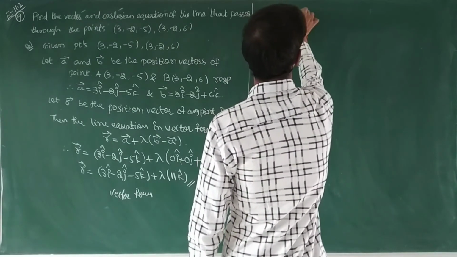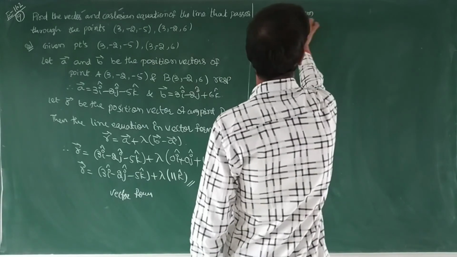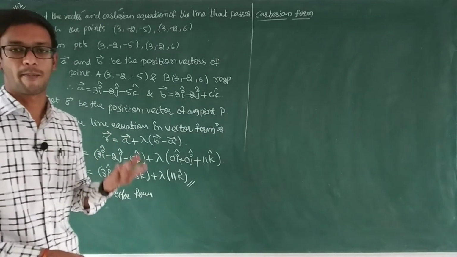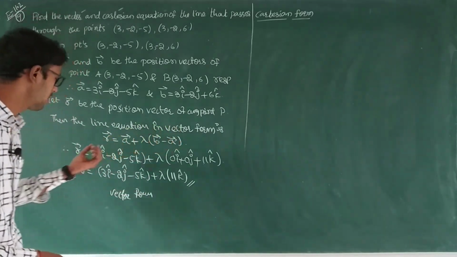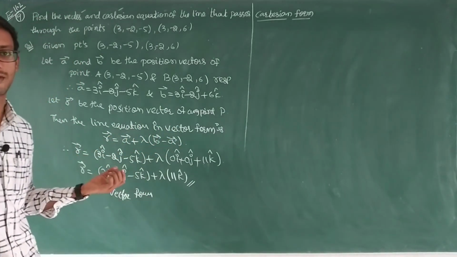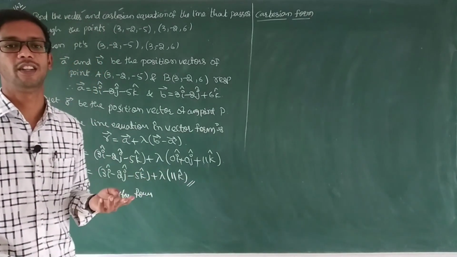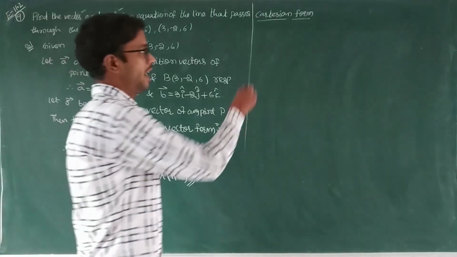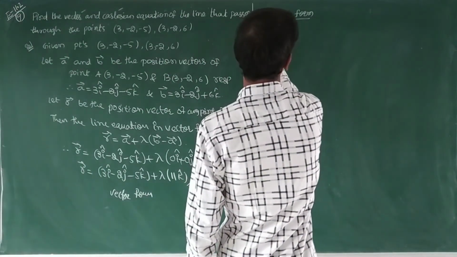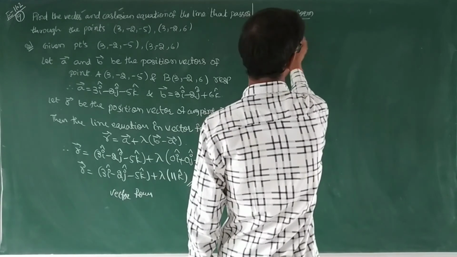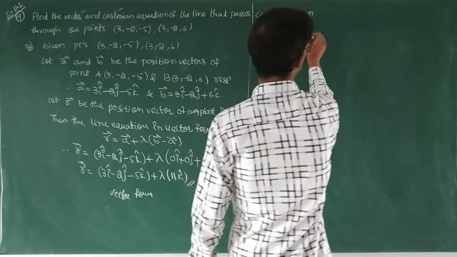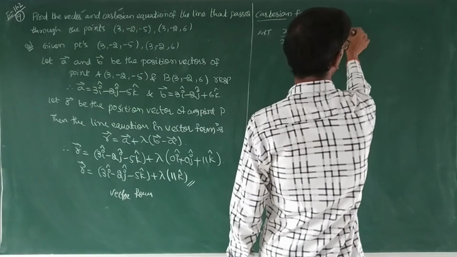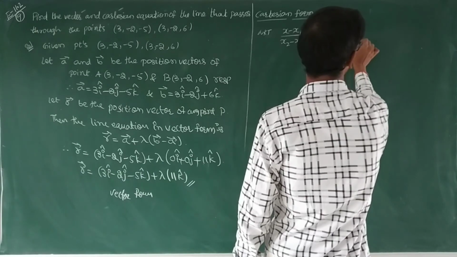Cartesian form: in the previous problem I explained 2 ways. You can write the direct formula method, otherwise substitute the r bar value. r bar is the position vector of point P, x i cap plus y j cap plus z k cap. You can substitute and compare on both sides. Otherwise, direct formula. We know that the Cartesian form of a line equation which is passing through given 2 points is (x minus x1) by (x2 minus x1) equals (y minus y1) by (y2 minus y1) equals (z minus z1) by (z2 minus z1).